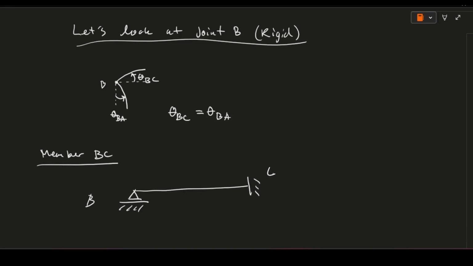This is B, this is C. And we have a moment here. Let's call that M. And we know that this will deflect something like this.